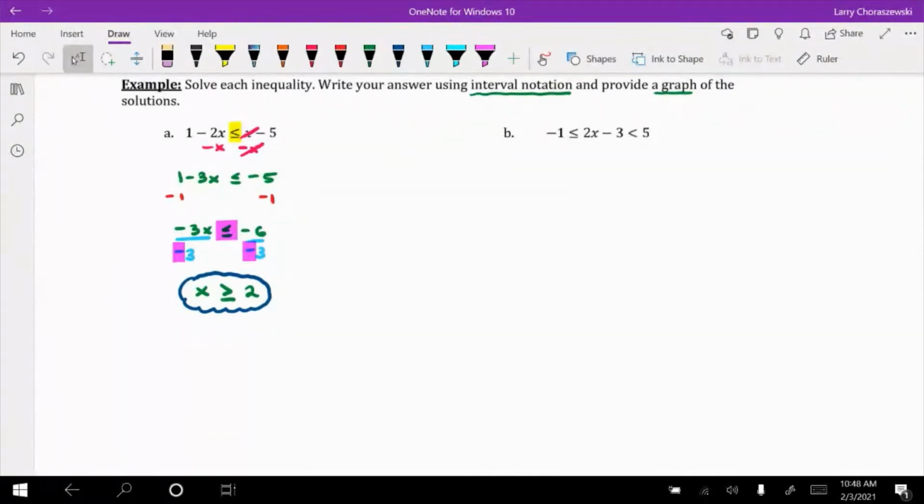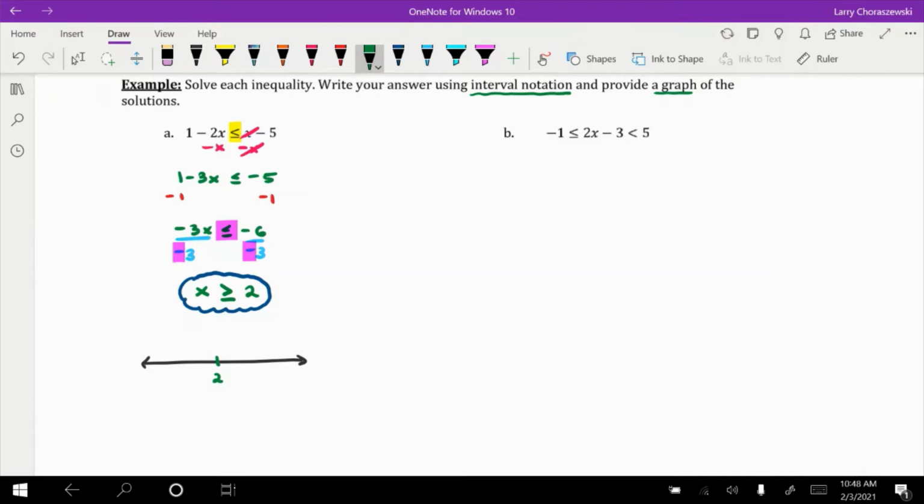So I usually do the graph first because it's very easy to jump to interval notation from the graph. So I'm going to draw a number line, and there's one value that we're comparing x to, and that's the number 2, which I'll put a tick mark on right in the center.